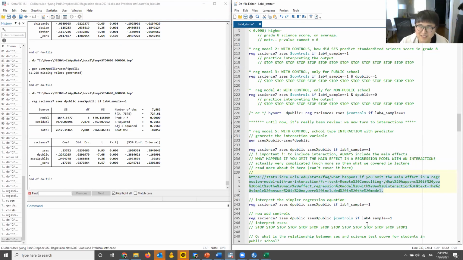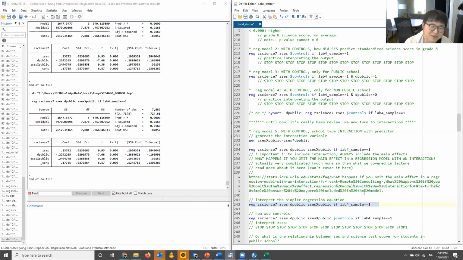But now I want us to interpret all of the coefficients here, and maybe one person at a time, or maybe one person can cover them all. But can you tell me what these numbers mean?